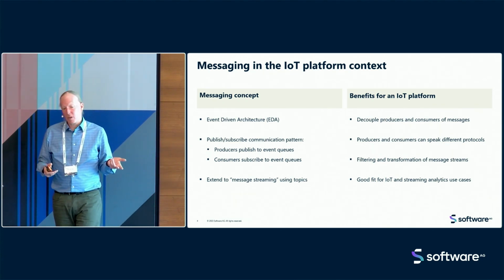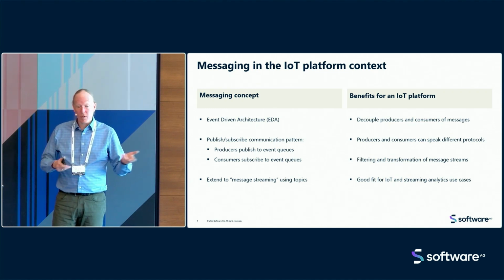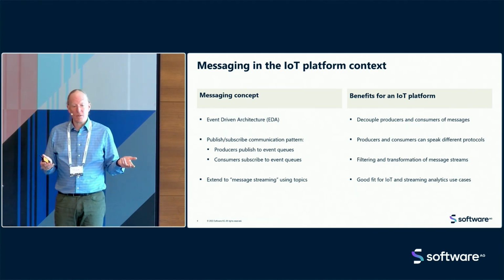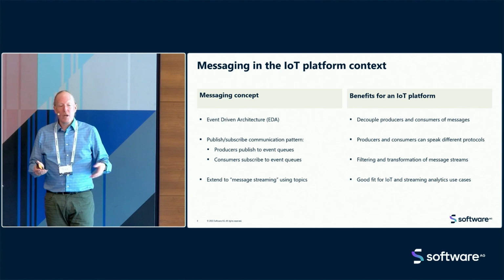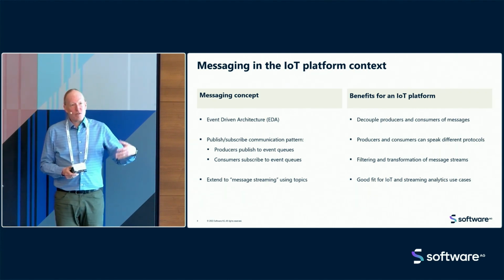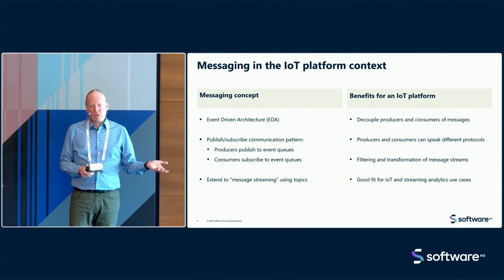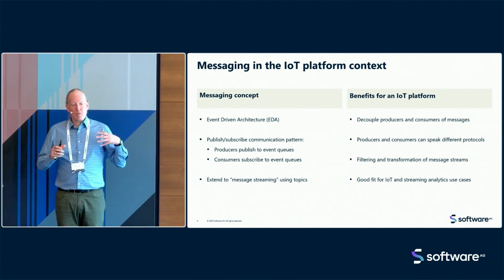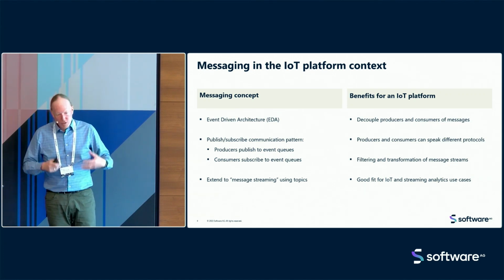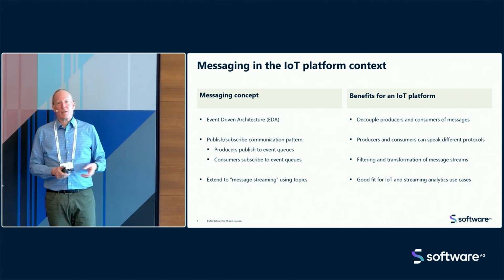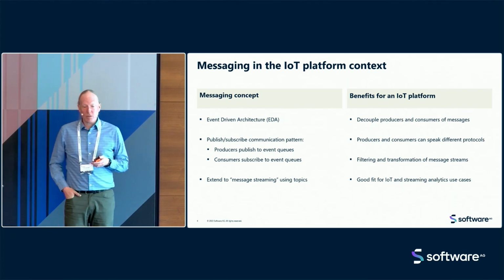Your producers and consumers can speak different protocols. No need for everyone to be talking the same API or the same protocol. And you can do really clever things like having filtering and transformation of those message streams done within your platform. So overall, it's a really good fit for a lot of the more streaming-oriented use cases we're starting to see within Cumulocity and within the IoT world generally.